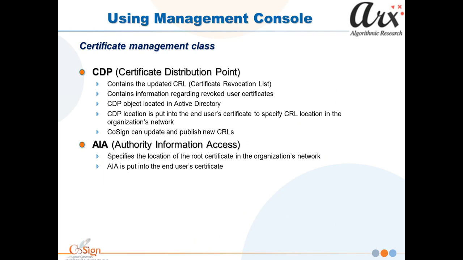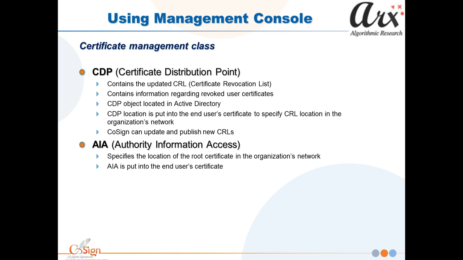The CDP object is, by default, when you're syncing against Active Directory, when you've done an Active Directory install, located in the sysvol of Active Directory. And the CDP location is put into the end user certificate. So after they sign, if you drill down that certificate information, that user certificate would contain CDP information.